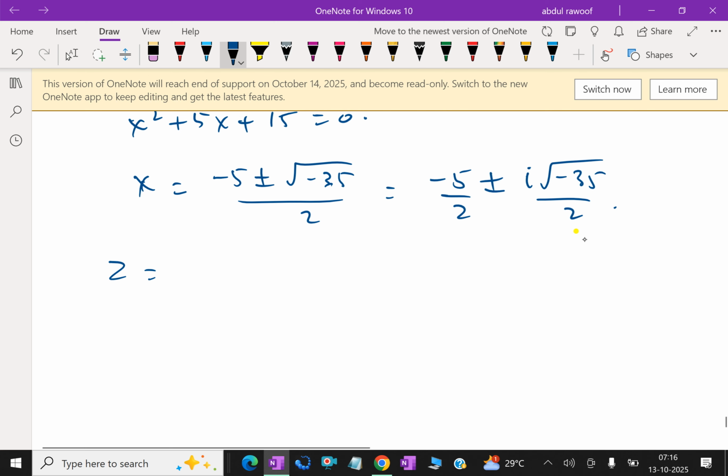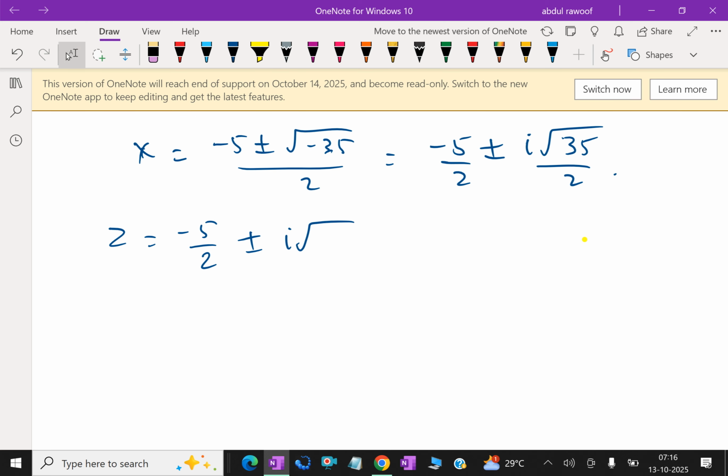Consider z equal to minus 5 over 2 plus or minus i root of positive 35 over 2, because the square root of minus 1 is i.